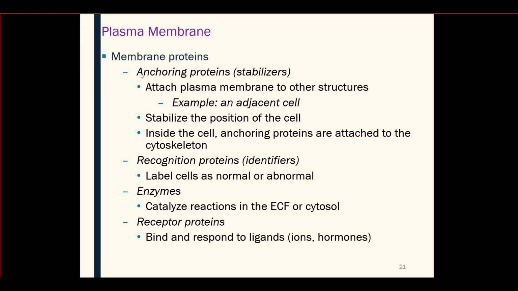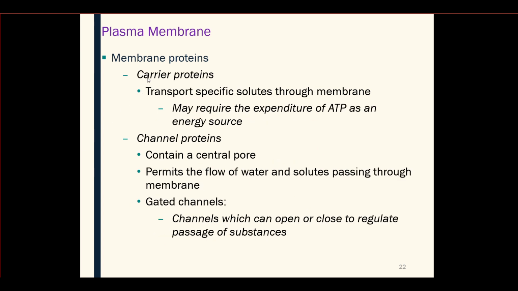Okay, so we have anchoring proteins, recognition proteins, enzymes, receptors, a few more. We also have proteins known as carrier proteins. I'll show you these more specifically in, again, subsequent lessons. Their job is to transport specific solutes through the cell membrane. Let's say things that cannot pass through the cell membrane.